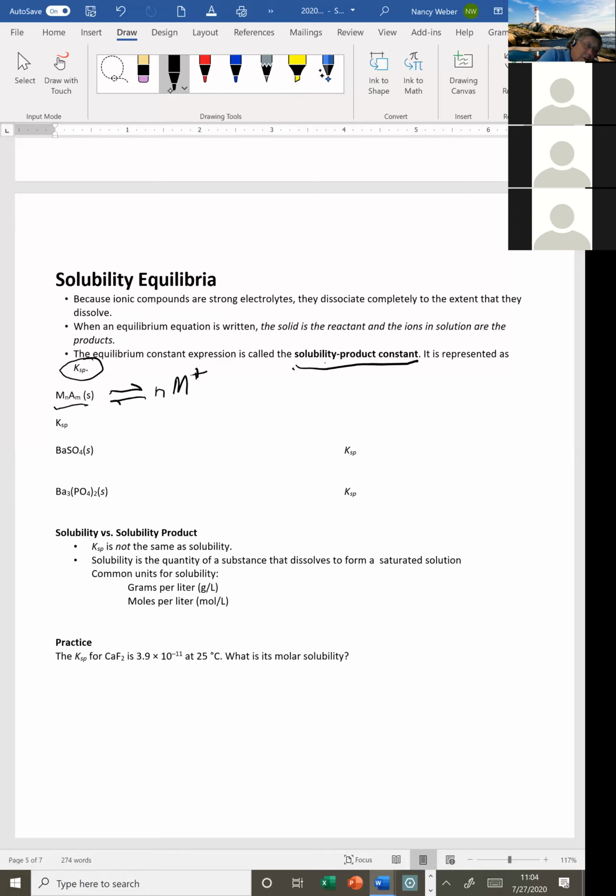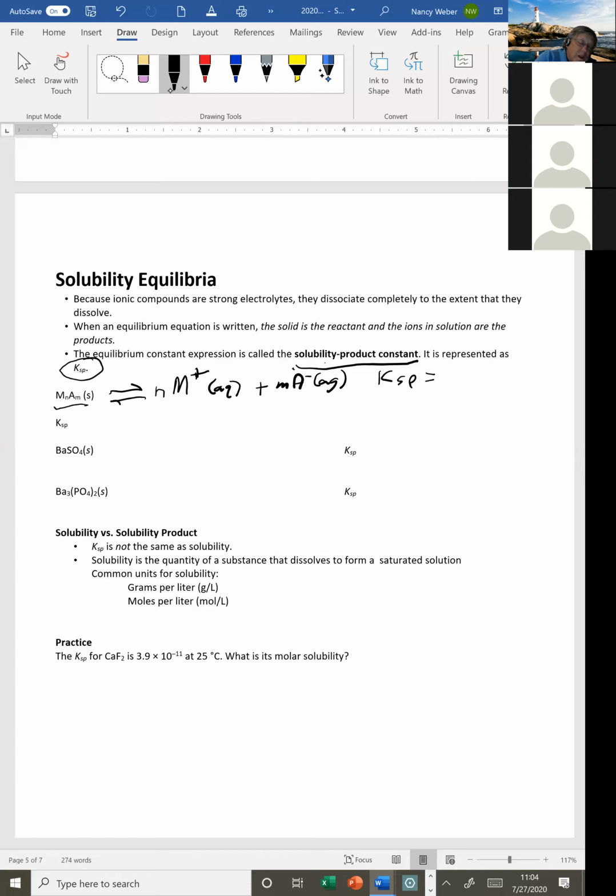And we're just going to say we don't know the charge because it is a general form at this point, plus M anion. So the ions are aqueous, the solid has the S. Now the KSP, and I'm going to write that over here so there's more room.